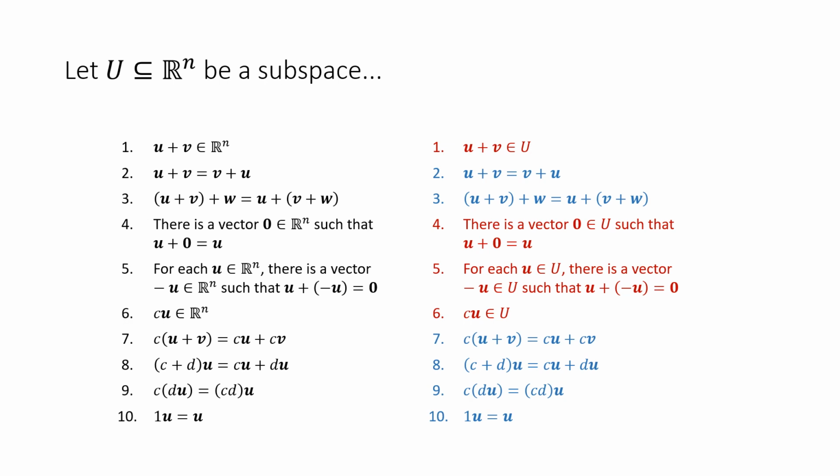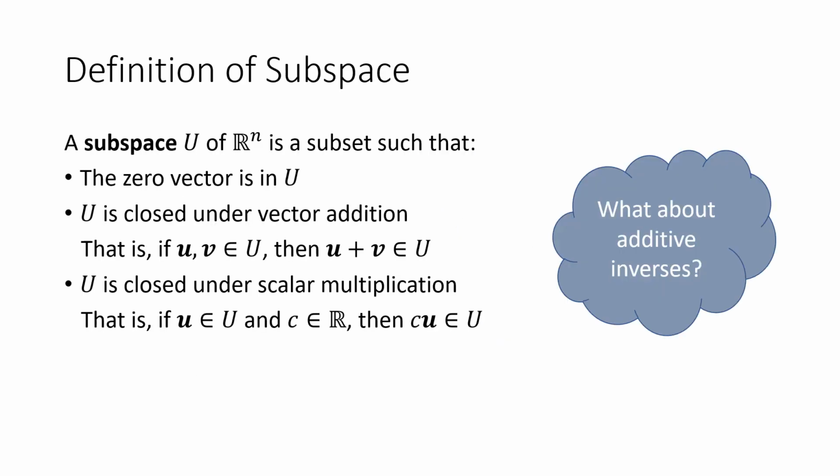So if we have inside of our n-dimensional space this subset, we need to check, for example, is it actually true that when you take two elements of this subset and add them together, you get another element of that subset? Does this set have a zero vector in it? And so on. So these are the four things that we would have to check to see if the subset is actually a subspace.